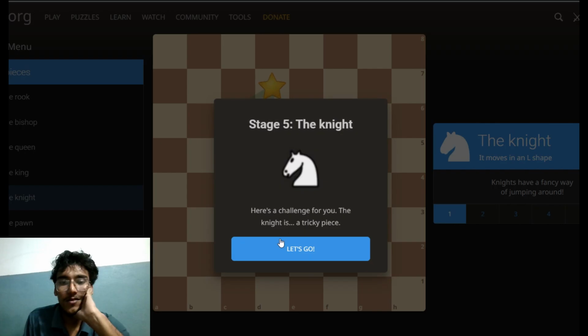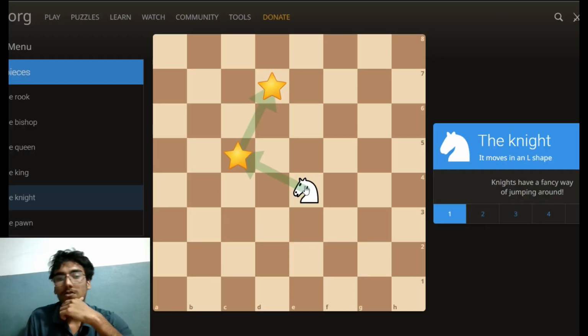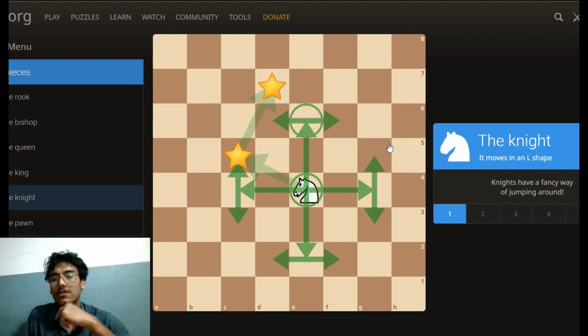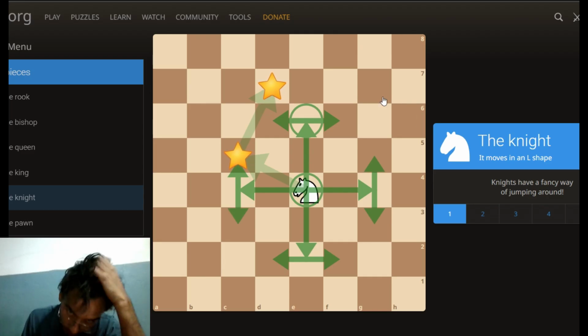Okay, let's learn about the knight. It's kind of tricky. So basically the knight moves in an L shape, in any direction. This is where the knight moves.